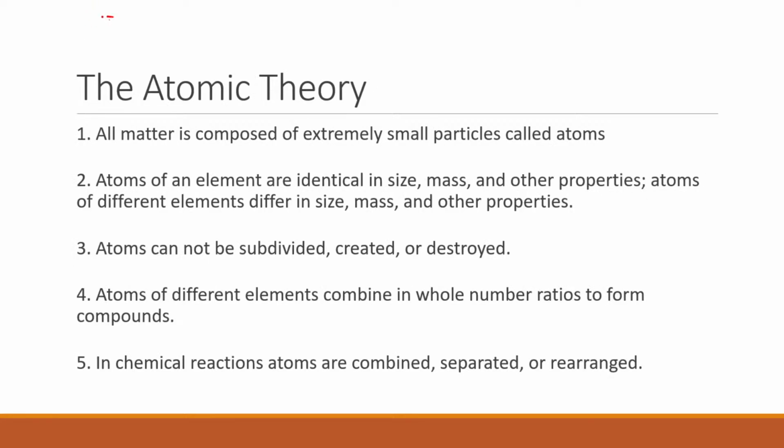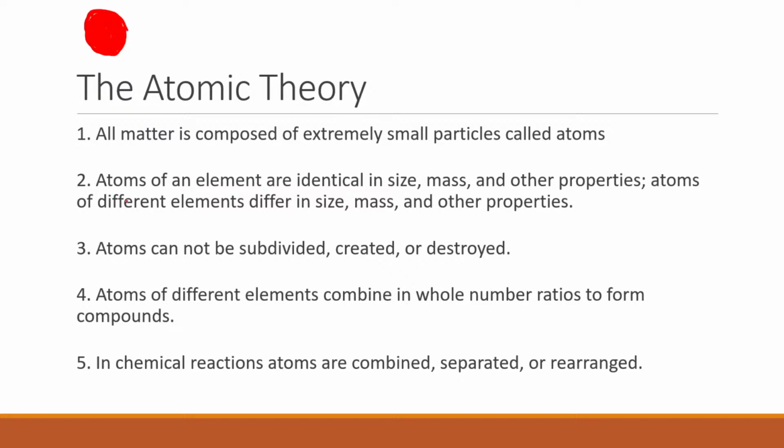Now, the atomic theory doesn't actually change the picture of the atom, but it does set a bunch of ground rules for how the atoms are going to behave, or what atoms should do and what they shouldn't do. So while this sphere doesn't change over time, we get a bunch of rules taken from a bunch of different experiments.